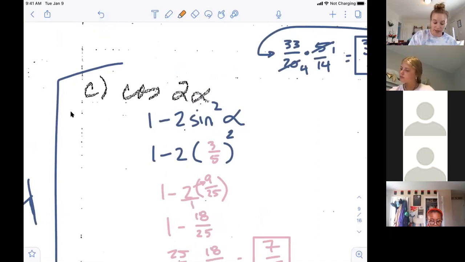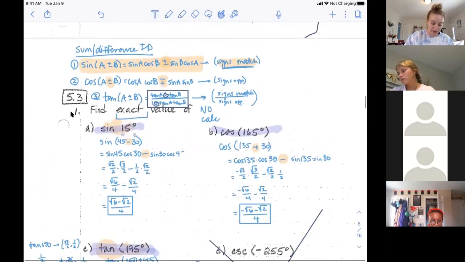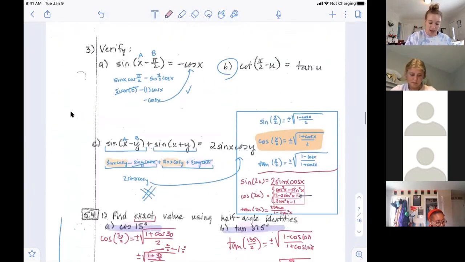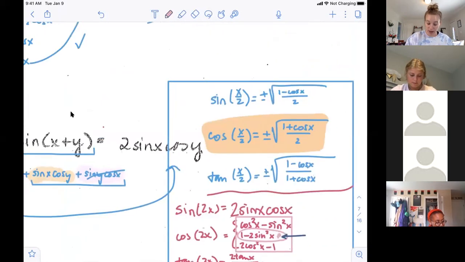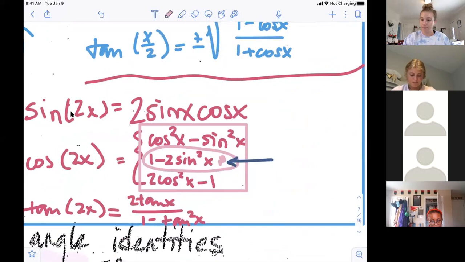But if you were to go through all of your formulas looking for cosine of 2 theta, in 5-3 all we did was the sum and difference formulas, and those are not cosine 2 of an angle. So I could look in here and say, okay, none of those match. Let's keep rolling. And then I'd come down here and say, okay, it's not the half angles. Oh, it works with this one.